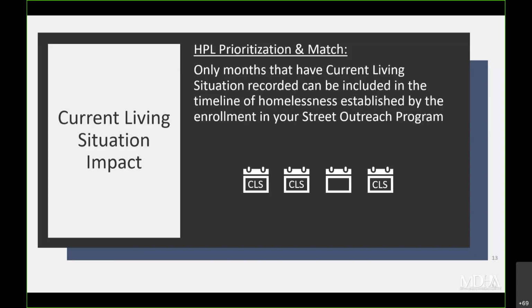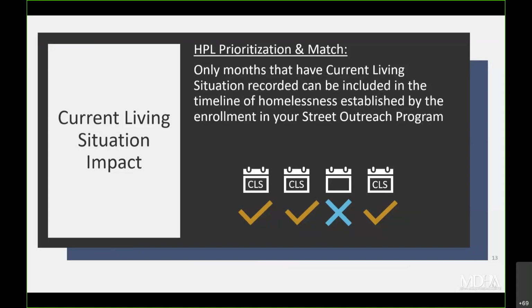Only 3 of these months actually have a current living situation recorded. Then that means that only those 3 months are going to be counted as part of the documentation of homelessness for that client. So what that means is that 1 month with no current living situation kind of counts as a break in that person's homelessness, because we can't verify for that month that that client was homeless.